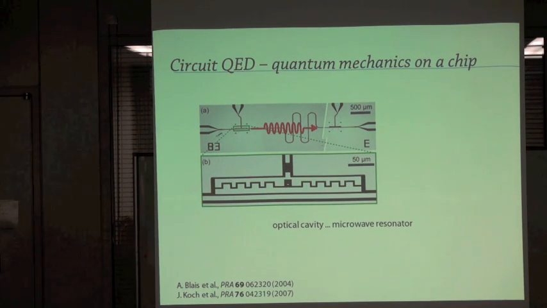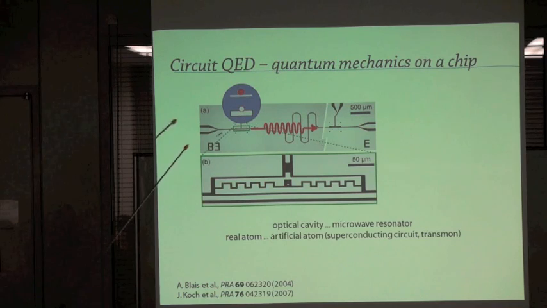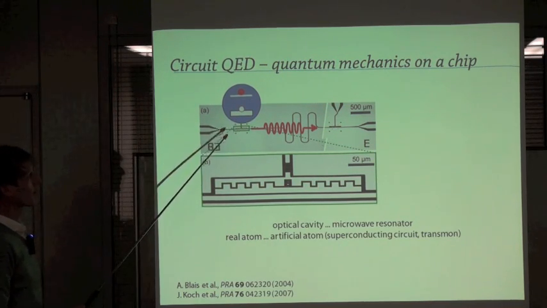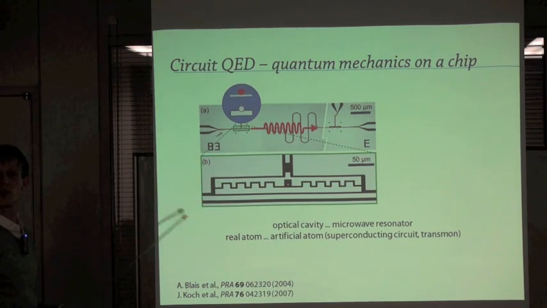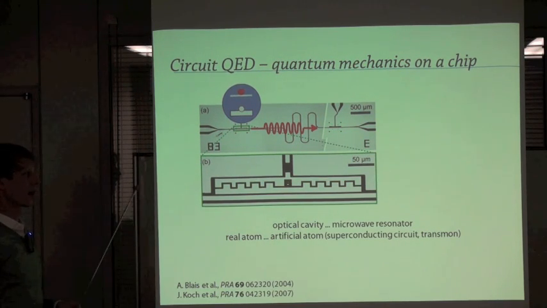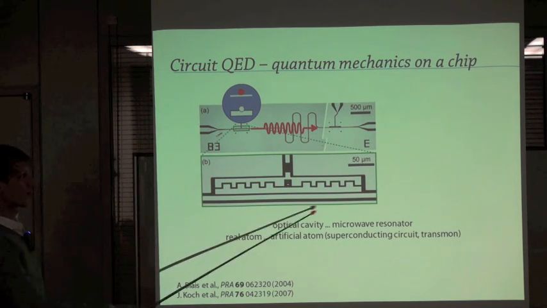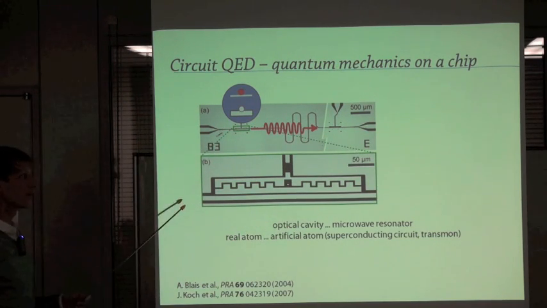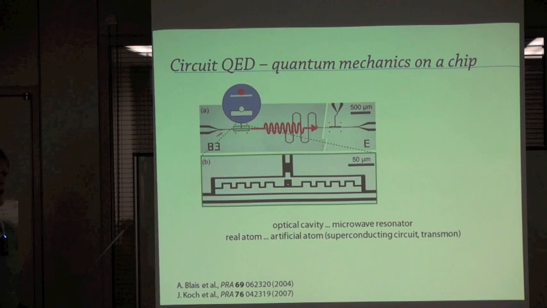What we have is something static. We have in here, in this little green box, an artificial atom, which is, by all means and purposes, a system with many levels which we can address. This is a zoom in of this artificial atom, and this particular type is called a transmon superconducting qubit.